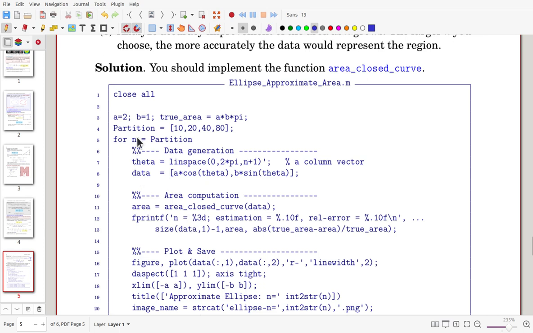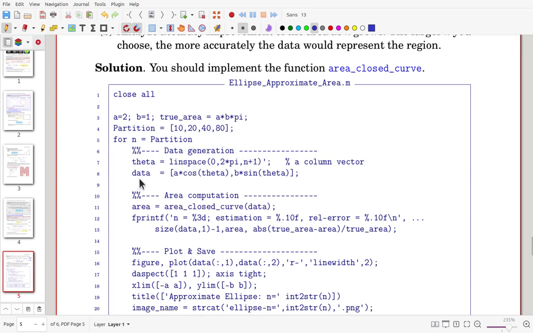The first one is 10. Now we make a theta between 0 and 2 pi with n plus 1 points. Beginning in MATLAB is index 1, so theta 1 will be 0, and theta n plus 1 will be 2 pi. This is the whole circulation of theta.